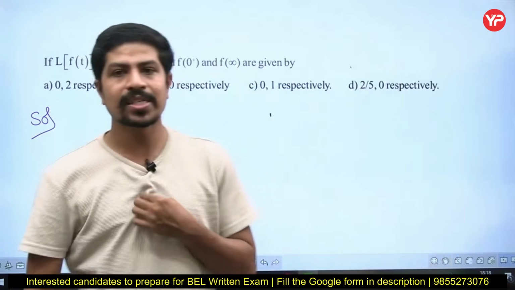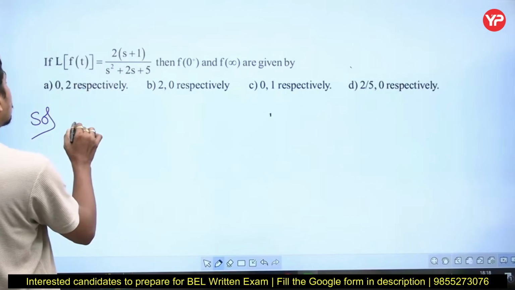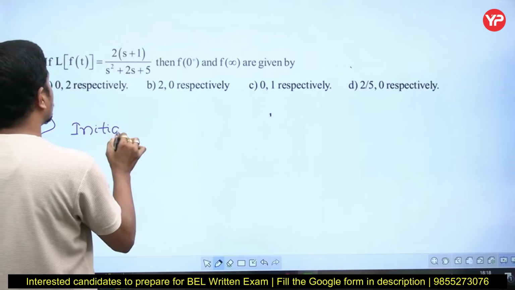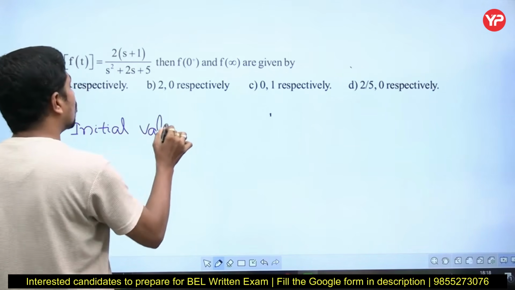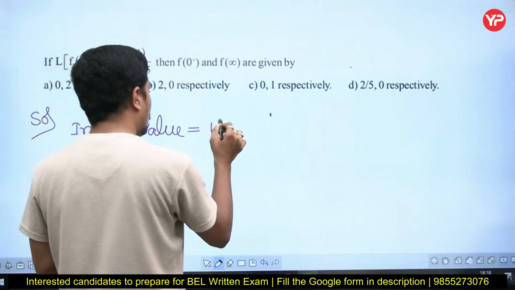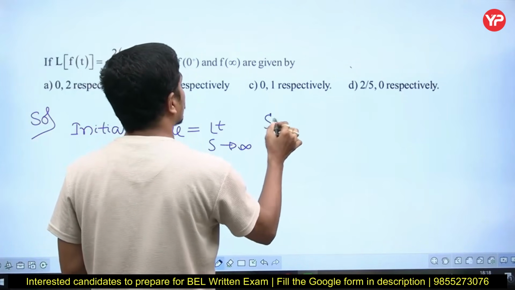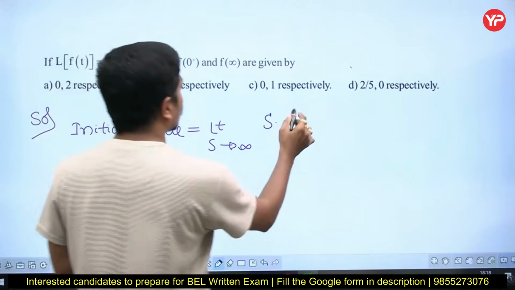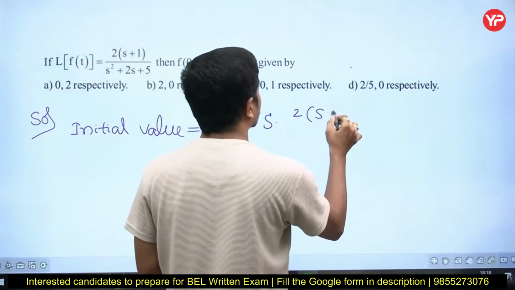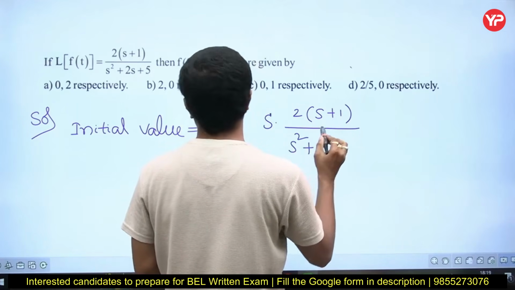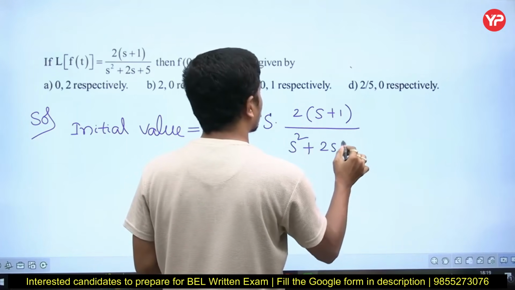f of 0 plus is the initial value. What is the initial value in the s domain? Initial value is equal to limit s tends to infinity of s into F of s, that is, s into 2 into (s plus 1) by (s square plus 2s plus 5).